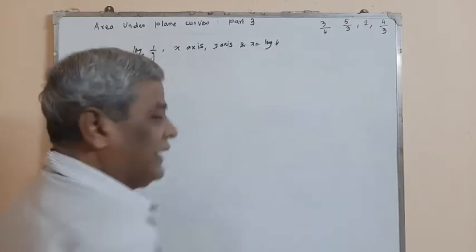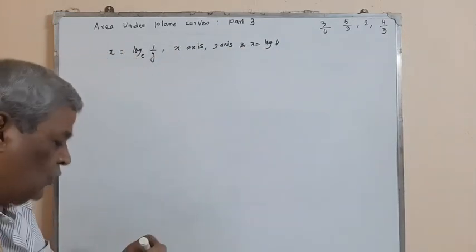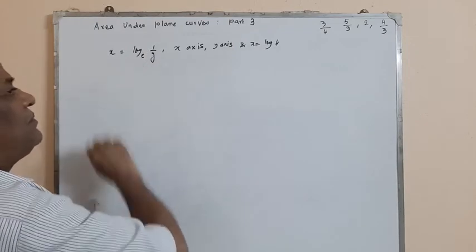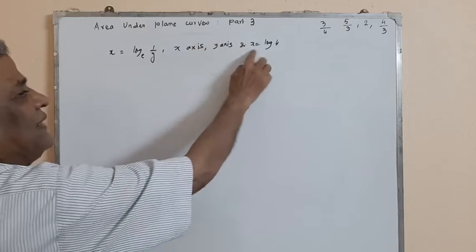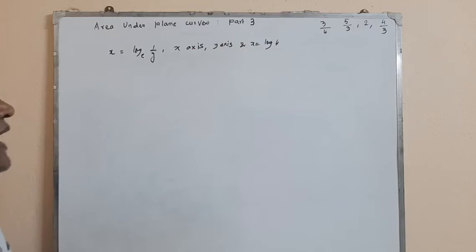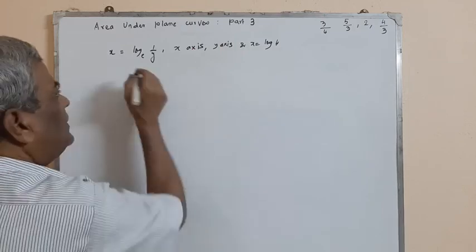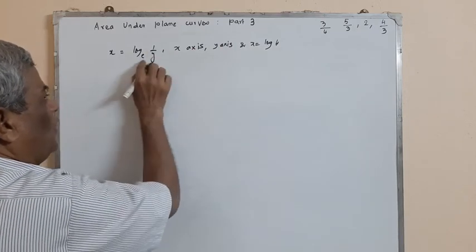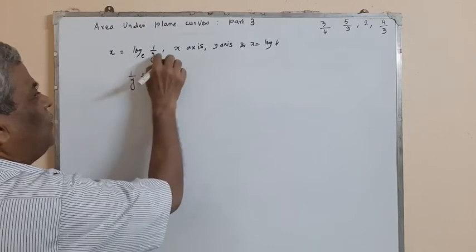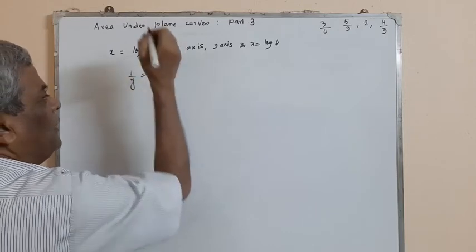So let us first draw the problem. We have to find the area between this curve, x-axis, y-axis, and these straight lines. Actually, the curve is, from this one, we get 1 by y is equal to e to the power x.